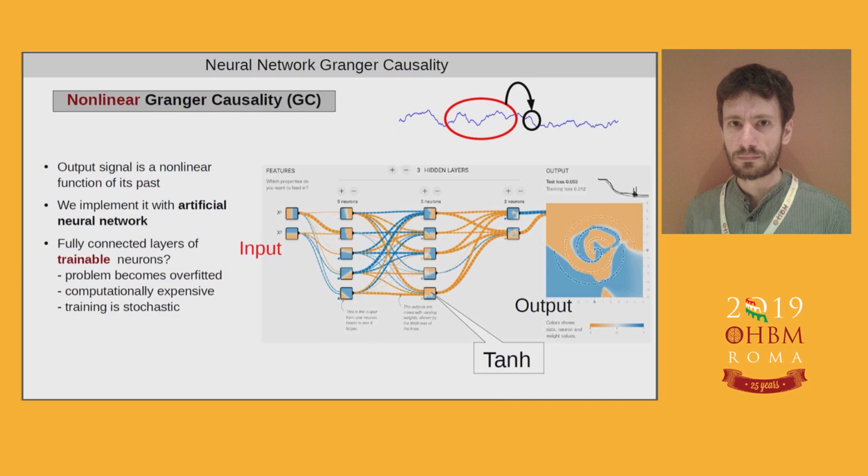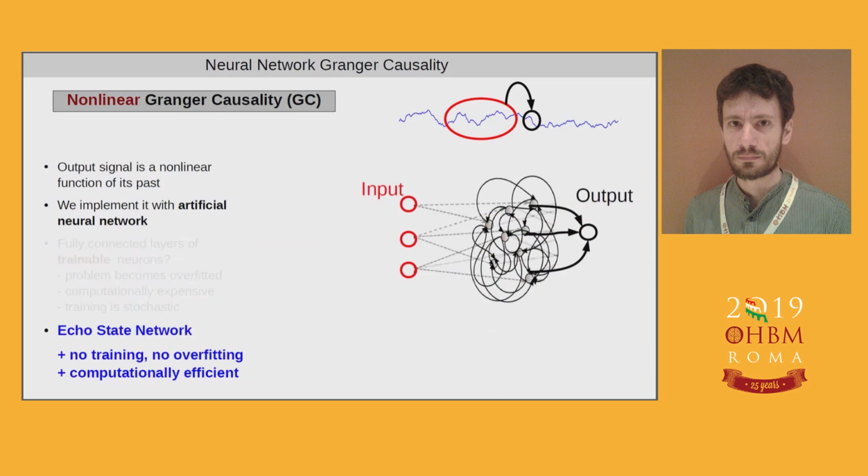we make use of a special class of artificial neural network which are non-trainable, termed echo-state networks. You take a bunch of neurons, you connect them at random with fixed weights, which you don't train, and then you just search in the space of the states of the network for some information that helps you to predict the output.